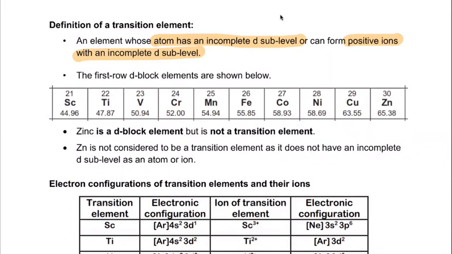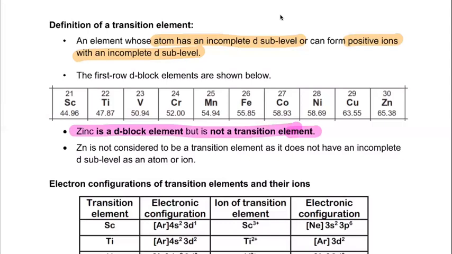not fit that definition. Okay, so all of these are the elements in that first row of the D block, from scandium to zinc. But here is where that definition comes into play, because technically zinc is a D block element because it's on that row in the D block, but by this definition, it is not a transition element.